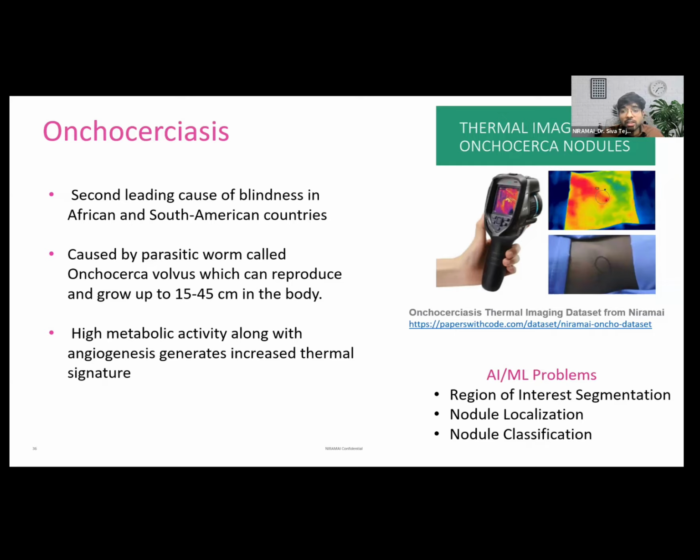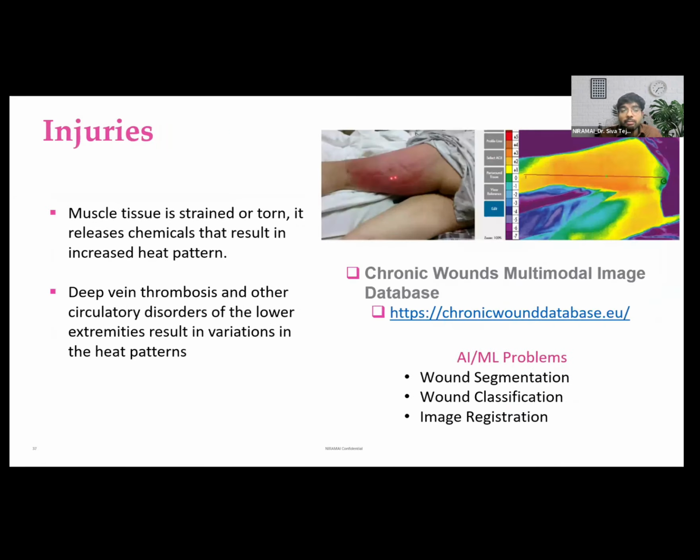And we have even open sourced these data sets. I'm just keeping these open source data sets next to it, so that if somebody is interested in trying this, you can download these data sets and try the applications of thermal imaging for different diseases. So the natural application is any kind of injuries, all right?